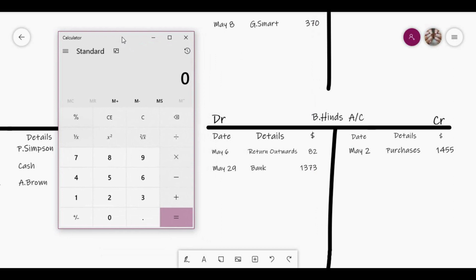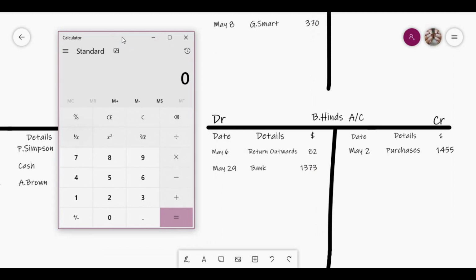So on May 2 we purchased goods on credit from Hines for $1,455, and then we later returned goods to Hines in the amount $82 on May 6.